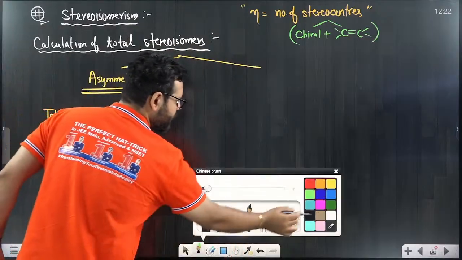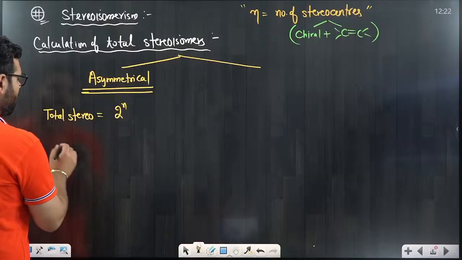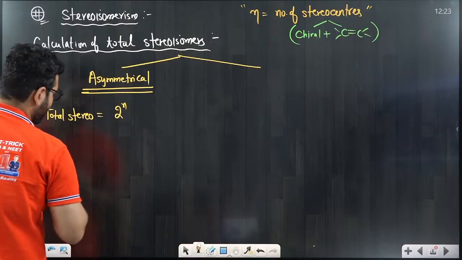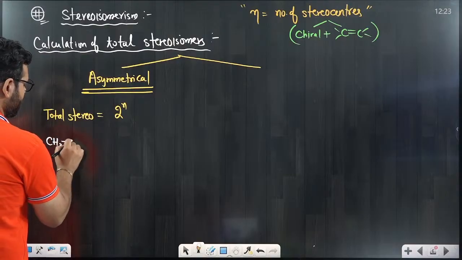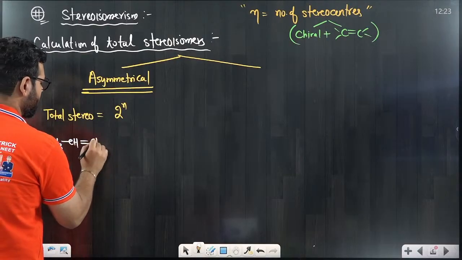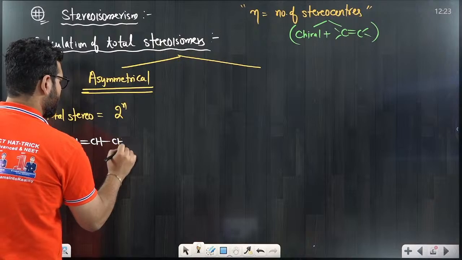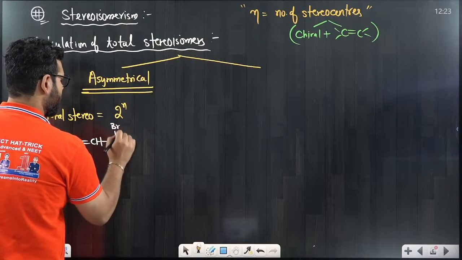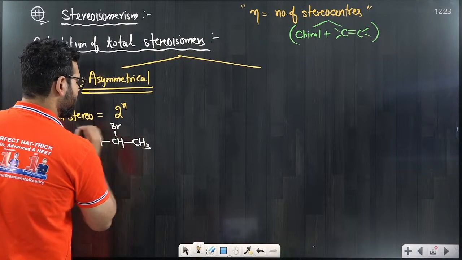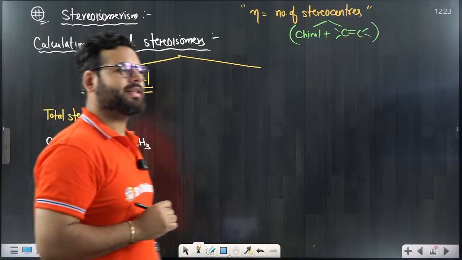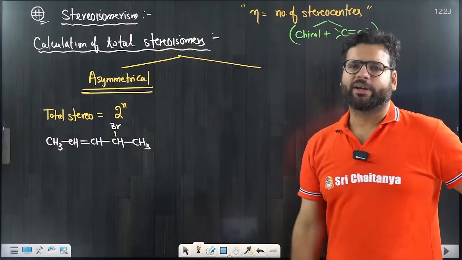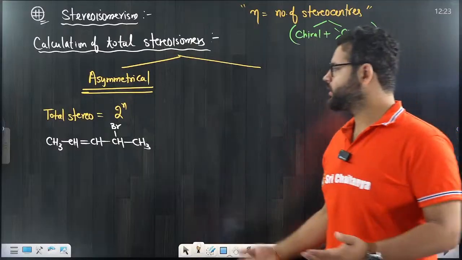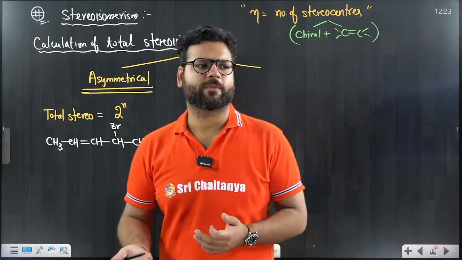See the example, everybody. Niharika, see here. If I look at this molecule, this particular molecule looks asymmetrical. I can't cut it into two equal halves.